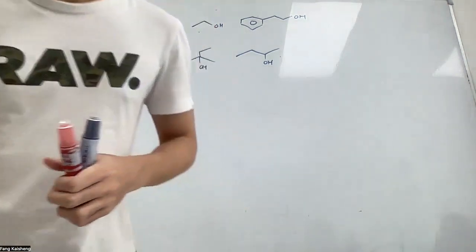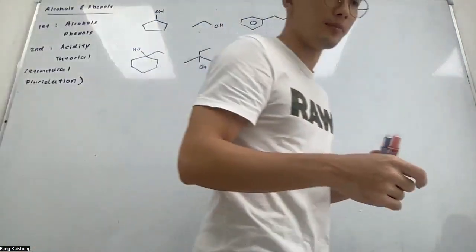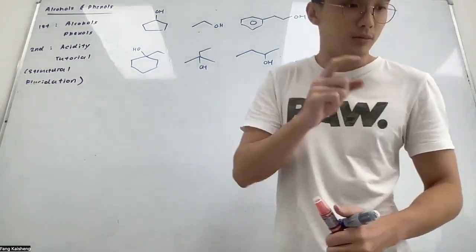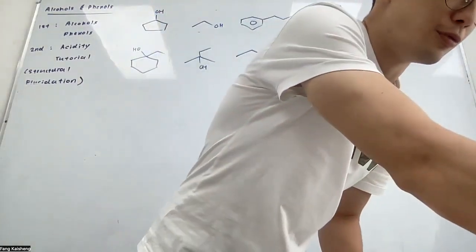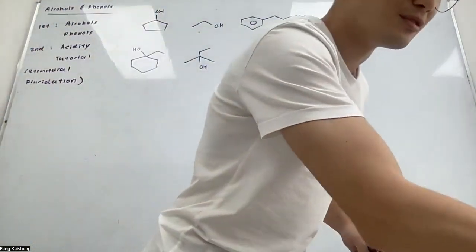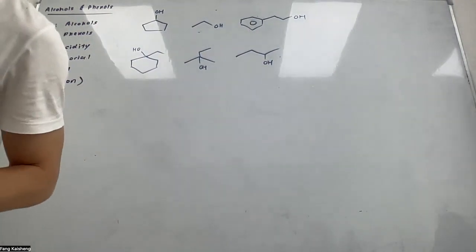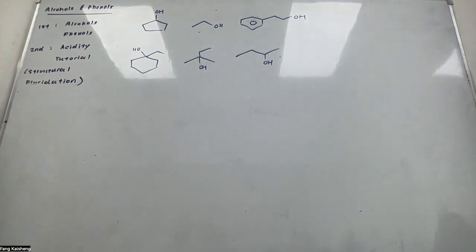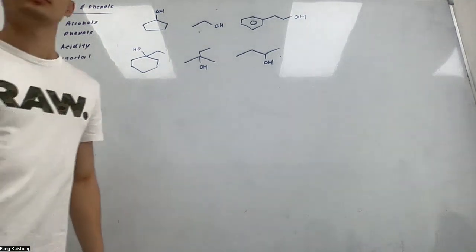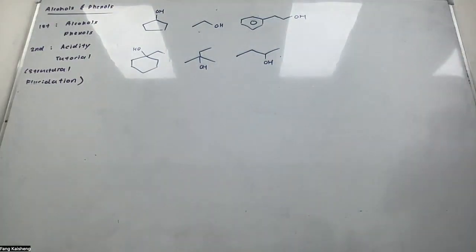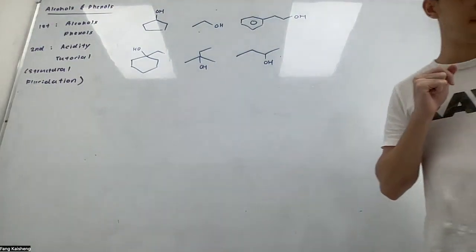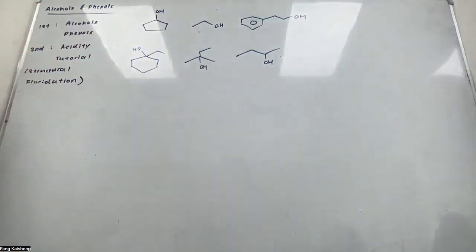I'll quickly scan over 1, 2, 3, 4, 5, 6. Nice. Careful, there's no ring here. I didn't draw a ring, and I didn't draw rings for this and this, so don't anyhow draw rings there. Generally not a very big problem here.